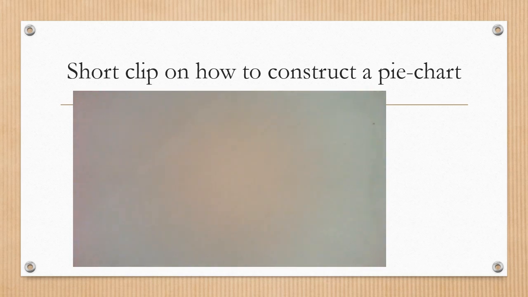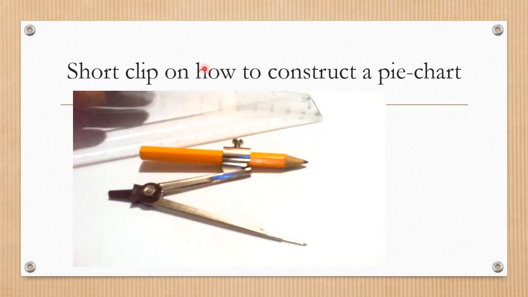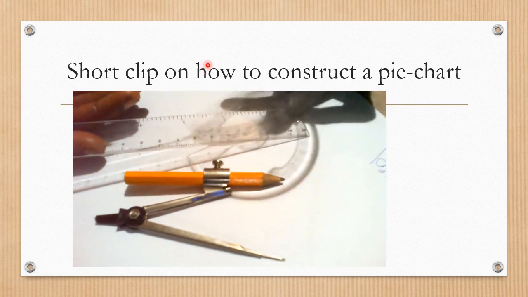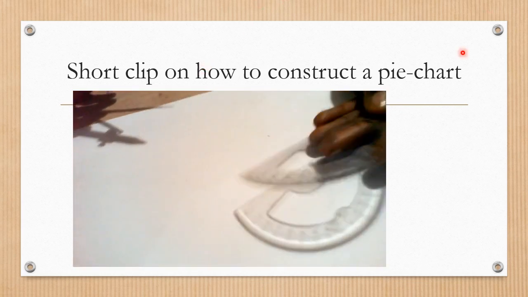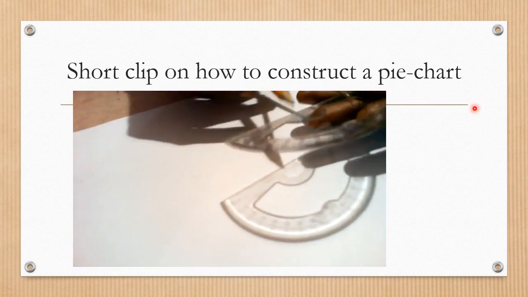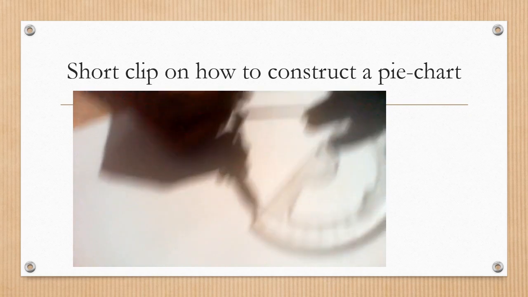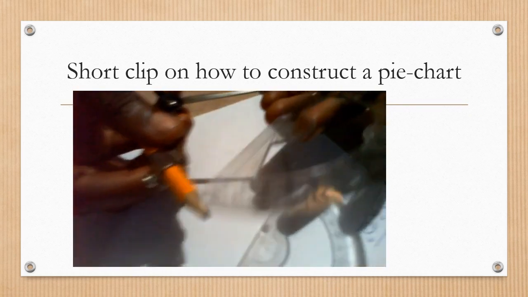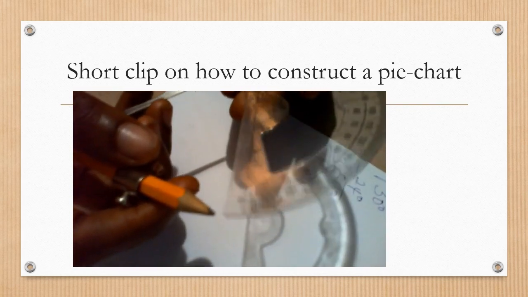So now, using our basic tools for constructing this pie chart, which is our compass with a short pencil, our rule, and the protractor. Since we're using this protractor, we will get the radius of the sum of 180 degree, which is equivalent to the length of this protractor.